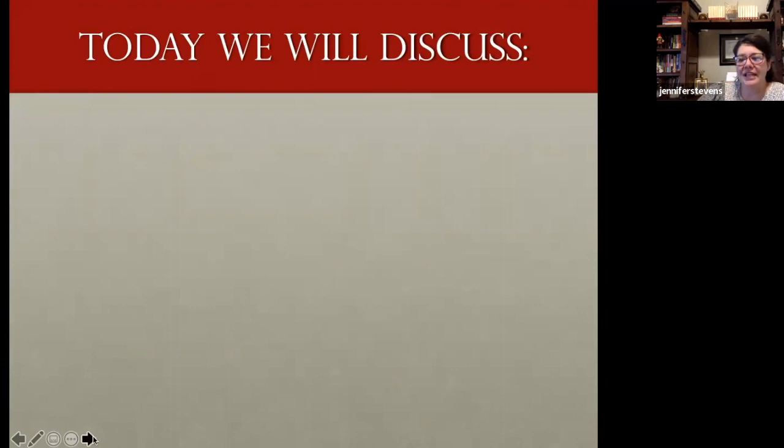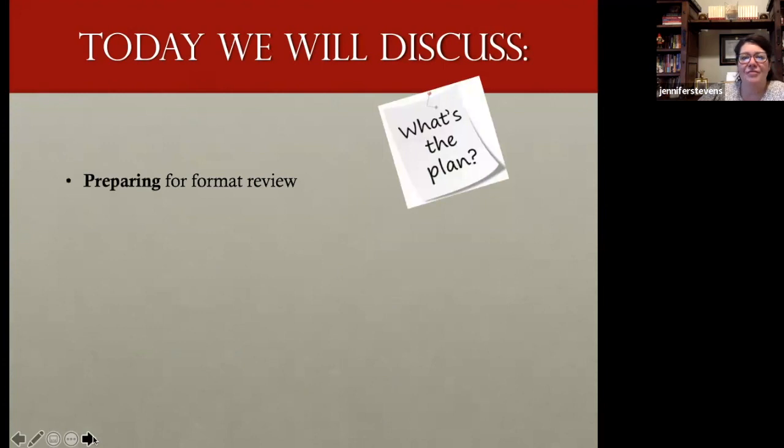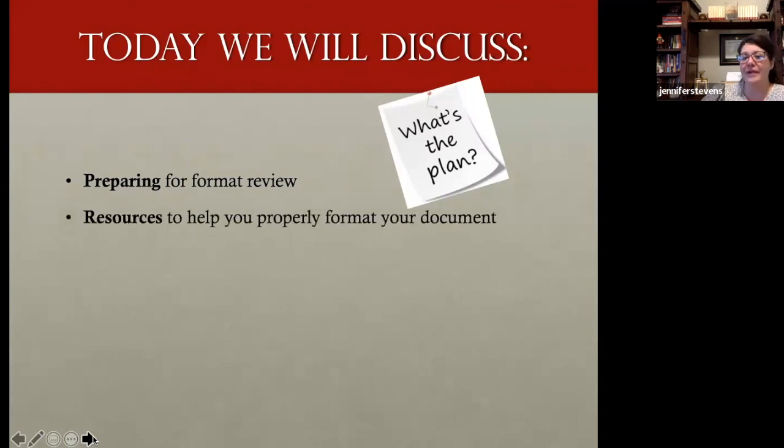So today we have a few things that we're going to discuss. As Alyssa mentioned in the intro, I'm going to be going over how you can prepare for your format review, go over a couple of different resources that we provide students to make sure that it's an easy process for you, or as easy as possible.